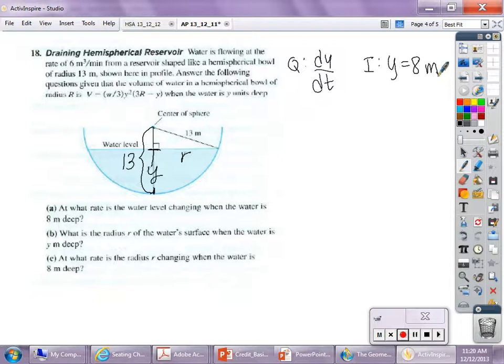So now I want to do my givens. Given the 6 meters cubed per minute. Meters cubed tells me that's d. Jasmine, what's meters cubed tell us? Distance, area, volume. Cubed? Volume.